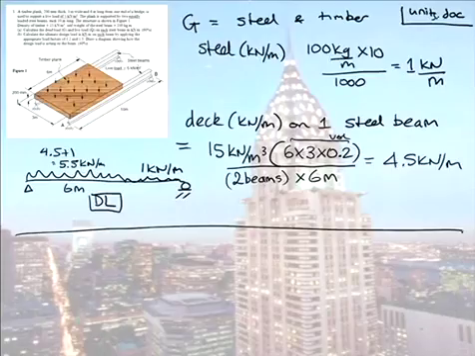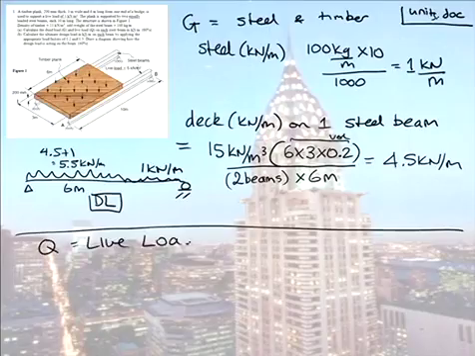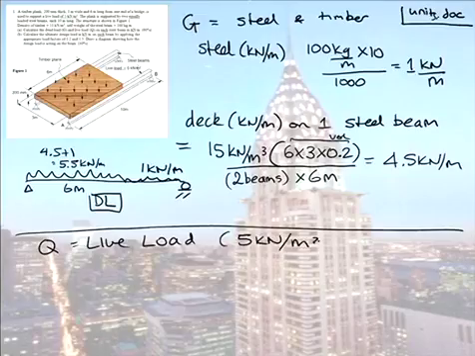Now our live load, Q. So the live load we had acting was, remind myself, 5 kilonewtons per metre squared. So I'll do it the long way.